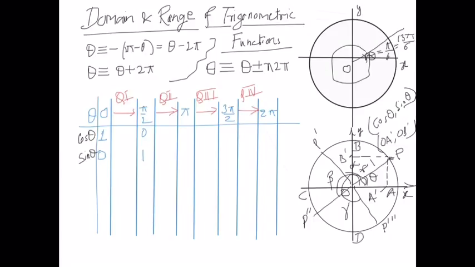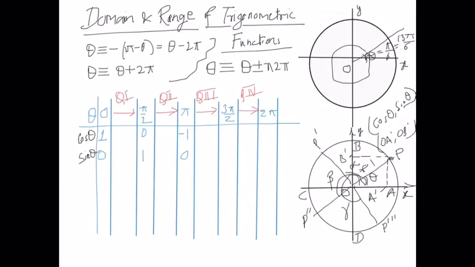And when theta is pi, segment OP coincides with segment OC, and therefore cos theta is equal to its projection on the x-axis, which is nothing but OC itself, which is minus 1 in this case because it is on the negative side of the x-axis, and the projection on the y-axis is 0. Therefore we write cos pi as minus 1 and sin pi as 0.